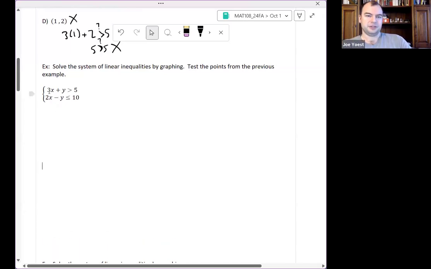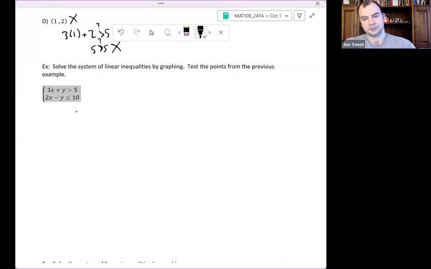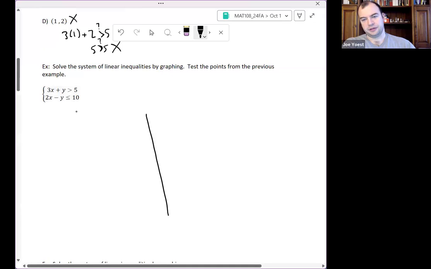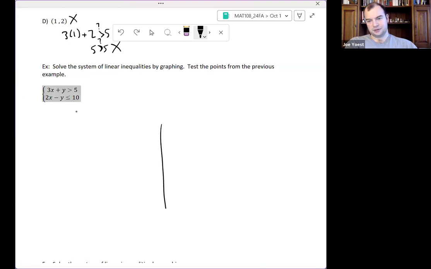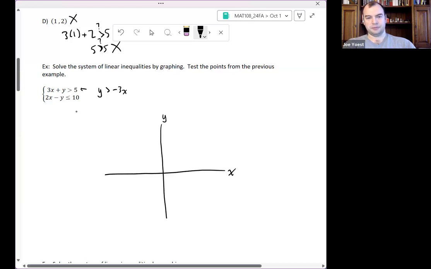Well, let's graph these on a two-dimensional plot. So here I have x comma y. Why are my axes so wonky? That looks a little better. And let's start with 3x plus y is bigger than 5, which I can rewrite as y bigger than negative 3x plus 5.